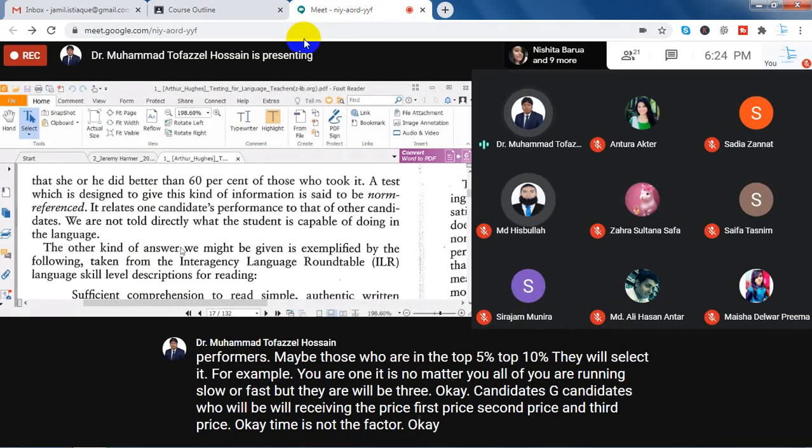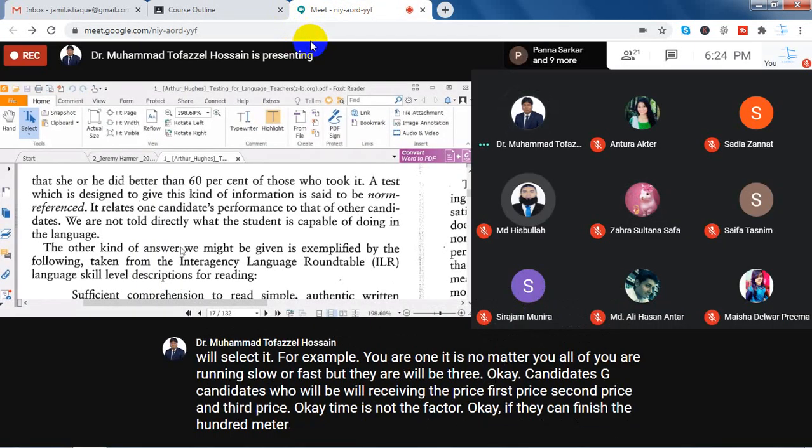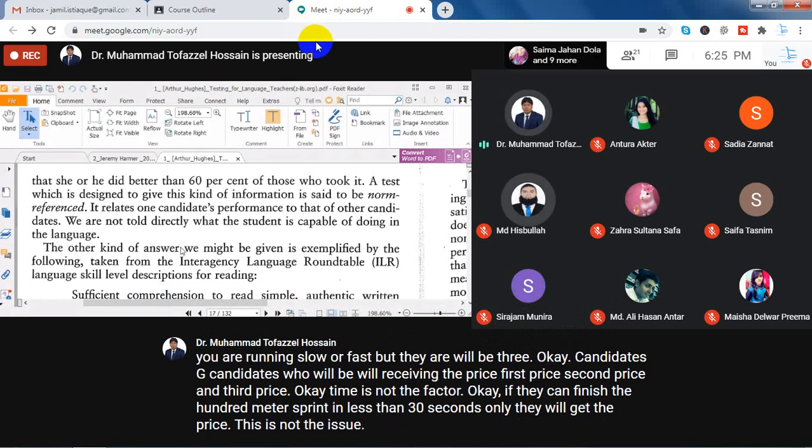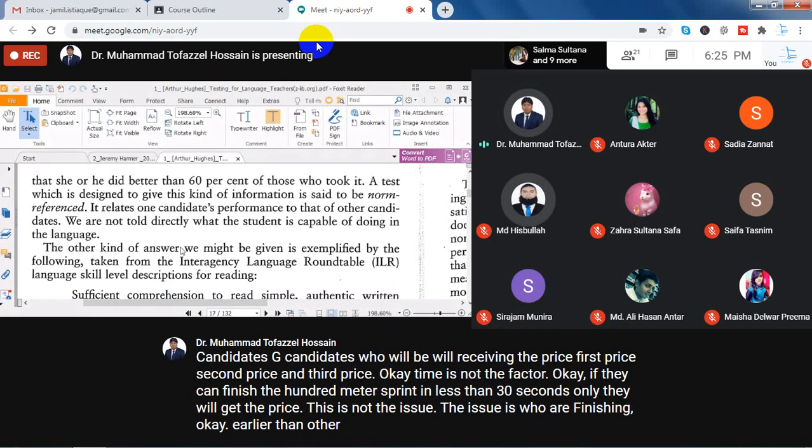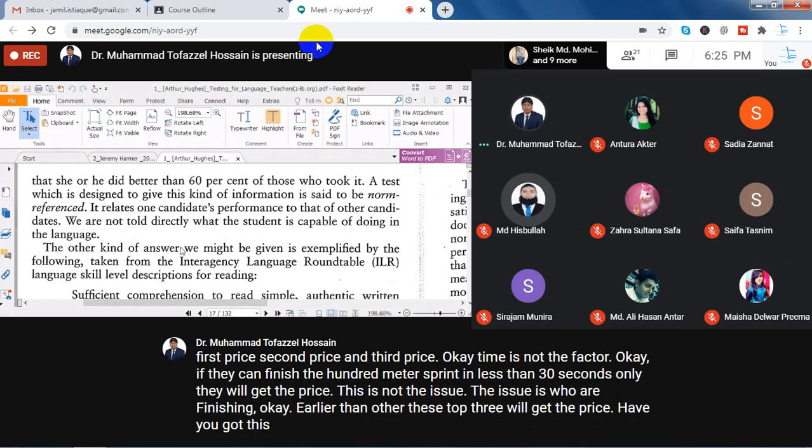Time is not the factor. It is not that only if they can finish the 100-meter sprint in less than 30 seconds they will get the prize. This is not the issue. The issue is who finishes earlier than others. It means the top 3 will get the prize. Have you got the idea?